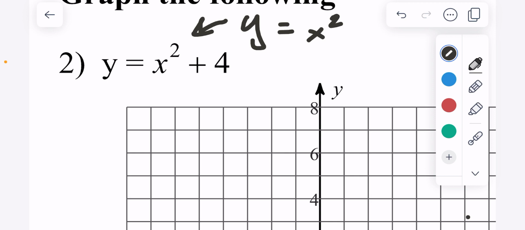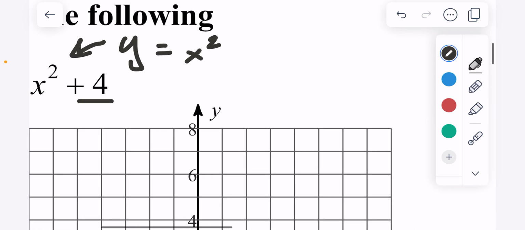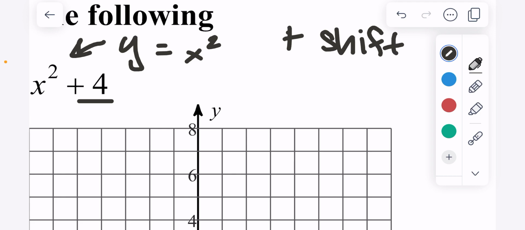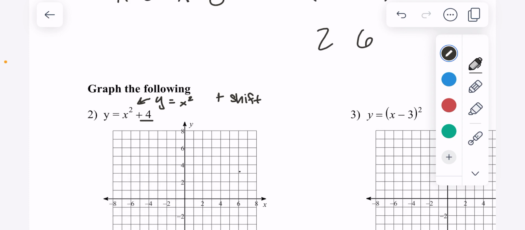In this case, I'm adding 4 to it. Because I'm adding 4, plus is always a shift. And if it's happening on the outside, it's a vertical shift. If it's happening on the inside, it's a horizontal shift. If we compare 2 and 3, we can see that in 2, it's adding on the outside of x squared. In 3, it's adding on the inside, like it's occurring directly to the x.